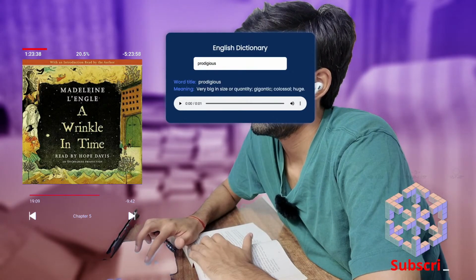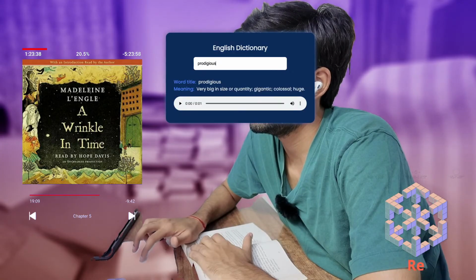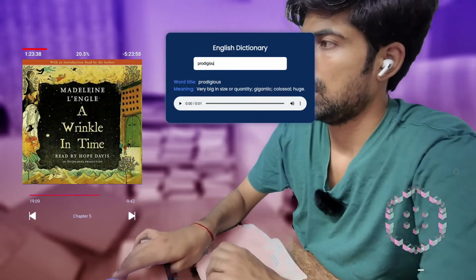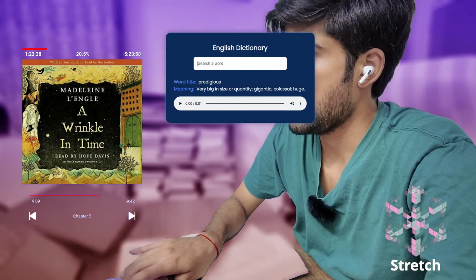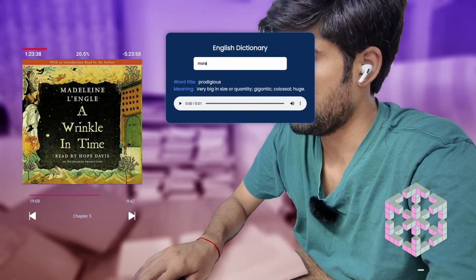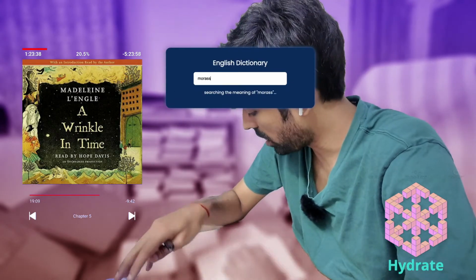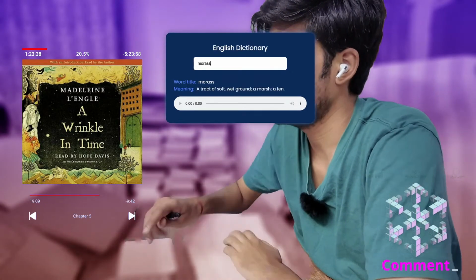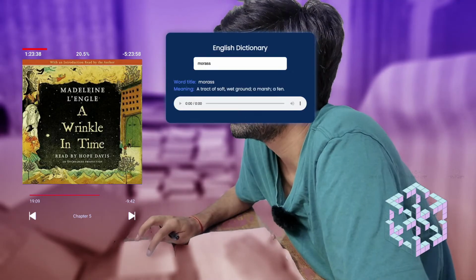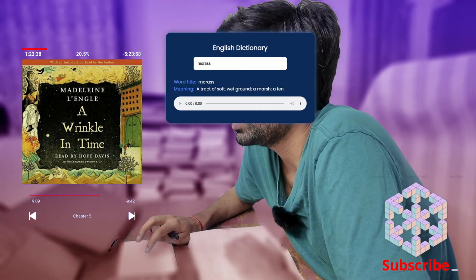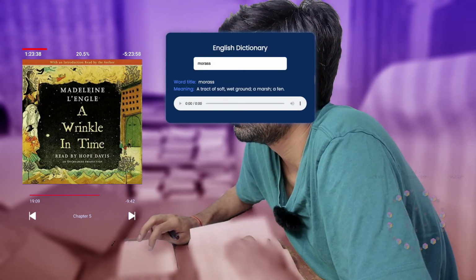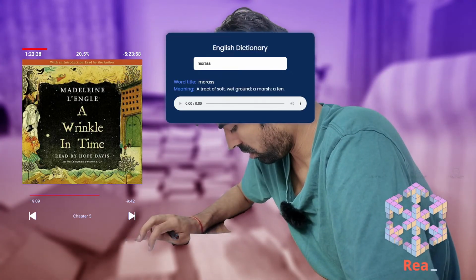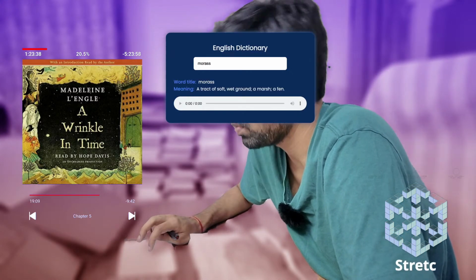Morass. What is a morass? Morass means soft, wet ground. Oh, she was back in. Okay.